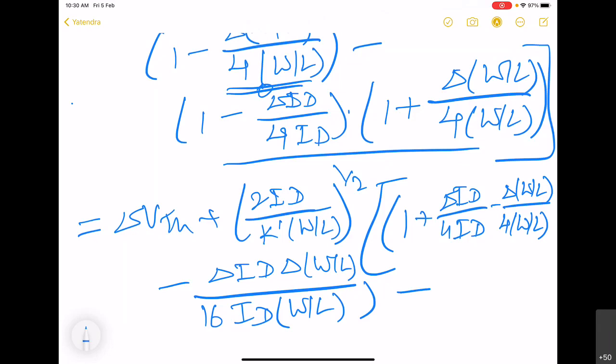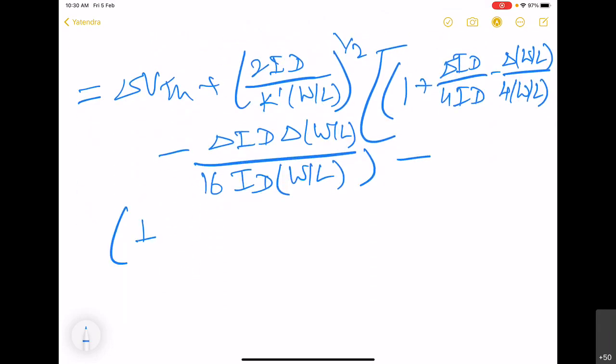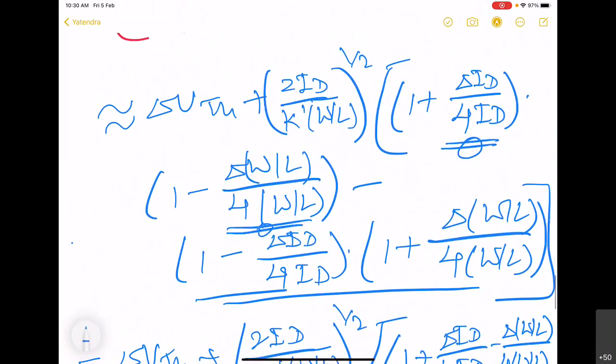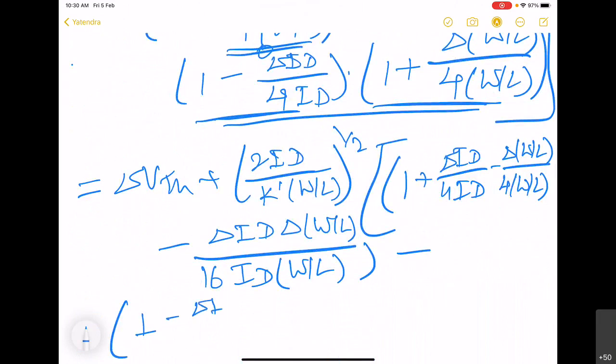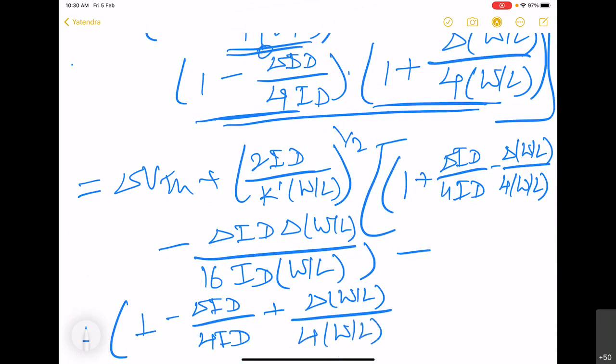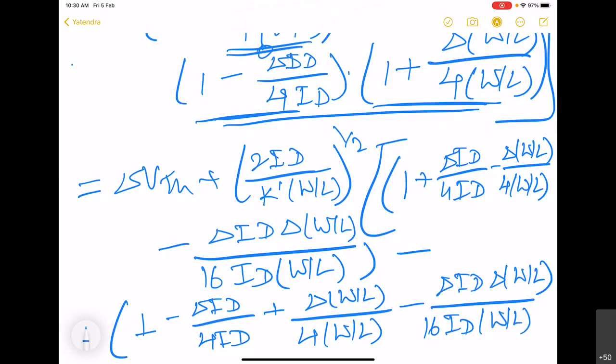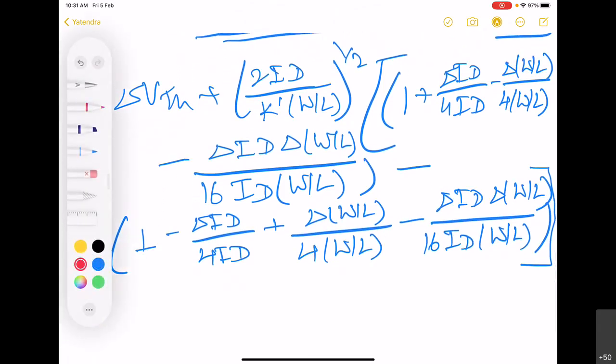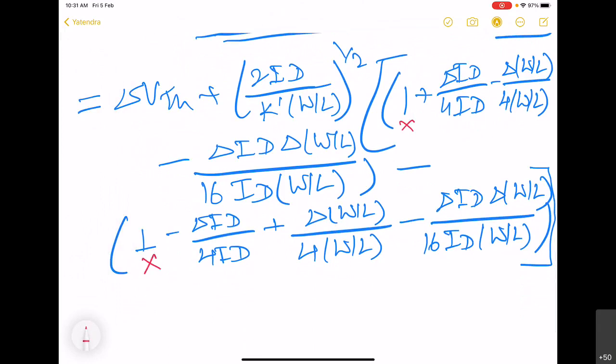Similarly, there will be four terms arising because of the product of the second one, that means this one and this one, 4 ID and plus delta W by L by 4 W by L, then minus delta ID delta W by L divided by 16 ID W by L. So out of these, we see that this term and this one will get cancelled out.